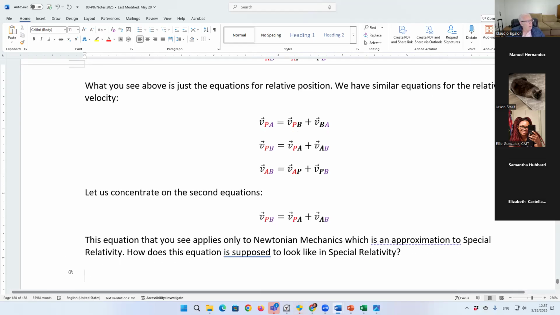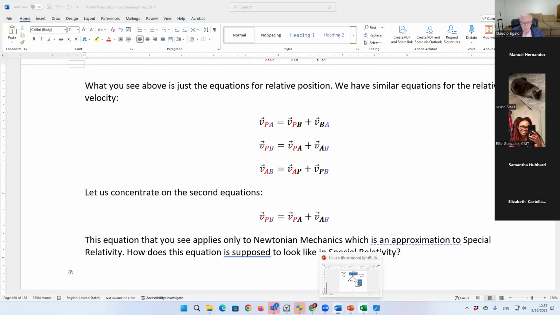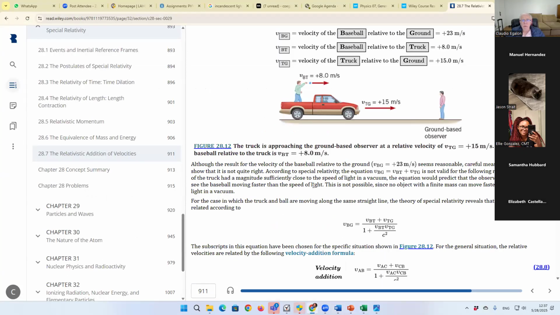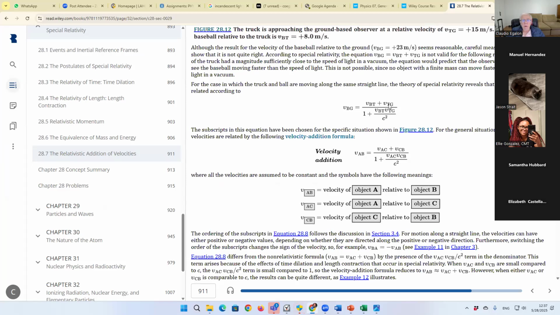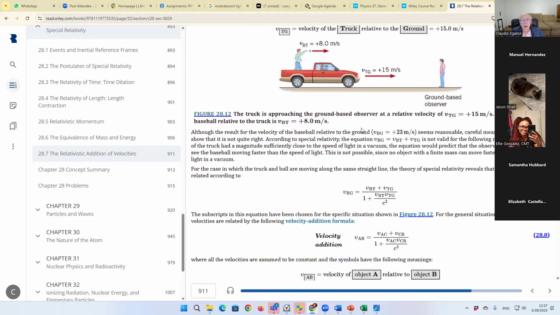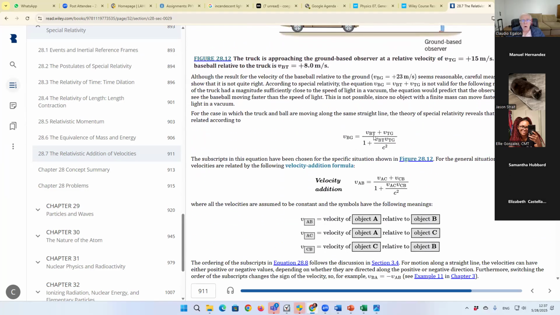Well, we can do the derivation, but it will be too much work to do that here. The book doesn't derive it for you. It just gives you the final result. Let's see, he's using the same notation that I'm using, right? Velocity of the ball with respect to the ground, velocity of the ball with respect to the truck, velocity of the truck with respect to the ground. This term that you see right in here is just a term in Newtonian mechanics.